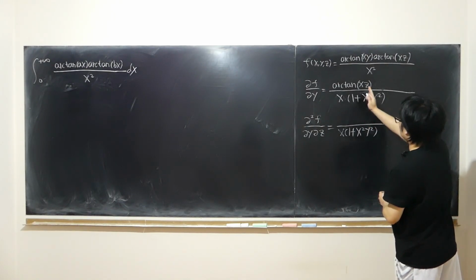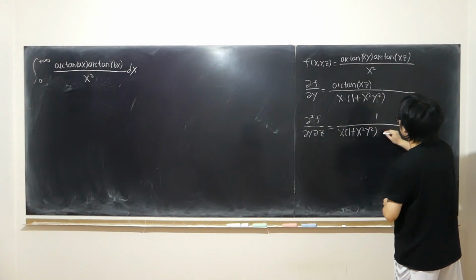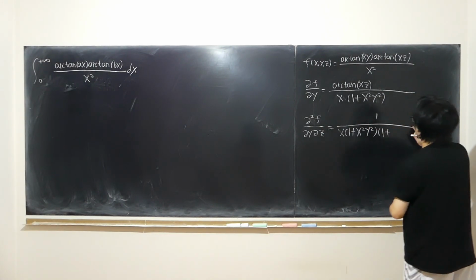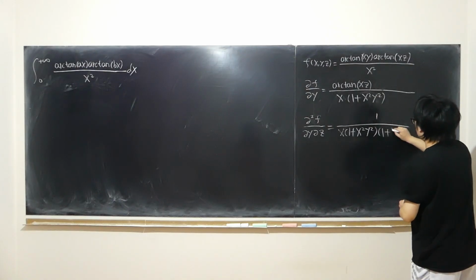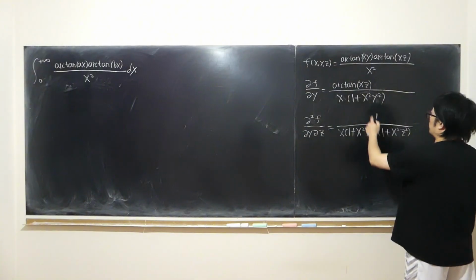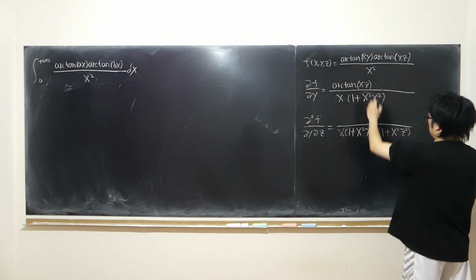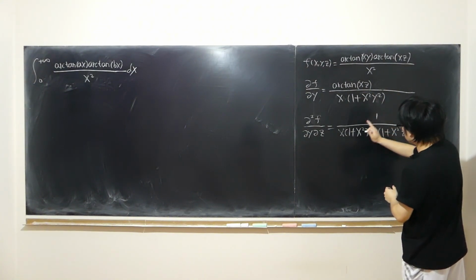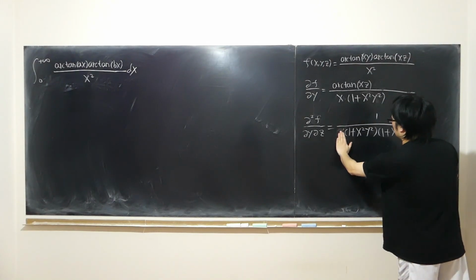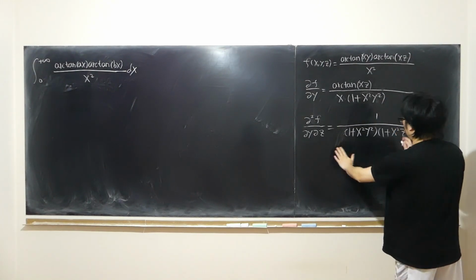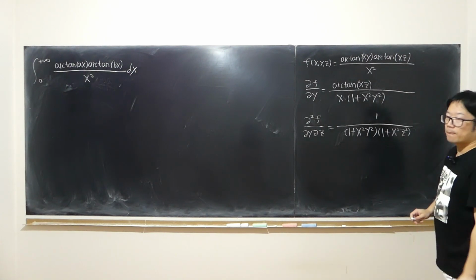And of course, then it's 1 over 1 plus x squared z squared. And remember, this time x is the coefficient of z, so I just multiply by x. But this x and this x, they can cancel. So this is all I have, 1 over this.